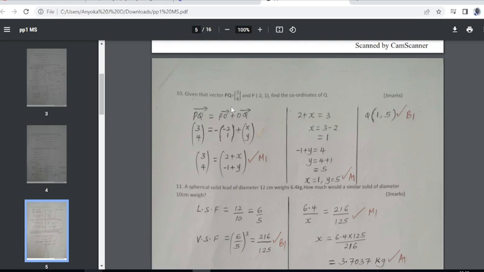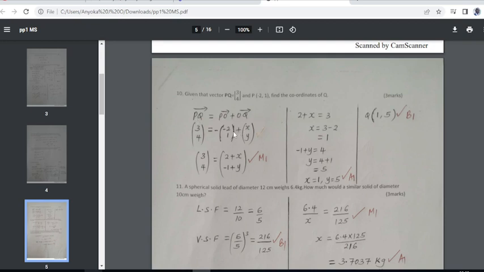Position vectors are coordinates, but they are written in vector form. So (3, 4), the vector PQ, is given by the position vector of Q minus the position vector of P. That is where we are going minus where we are coming from.